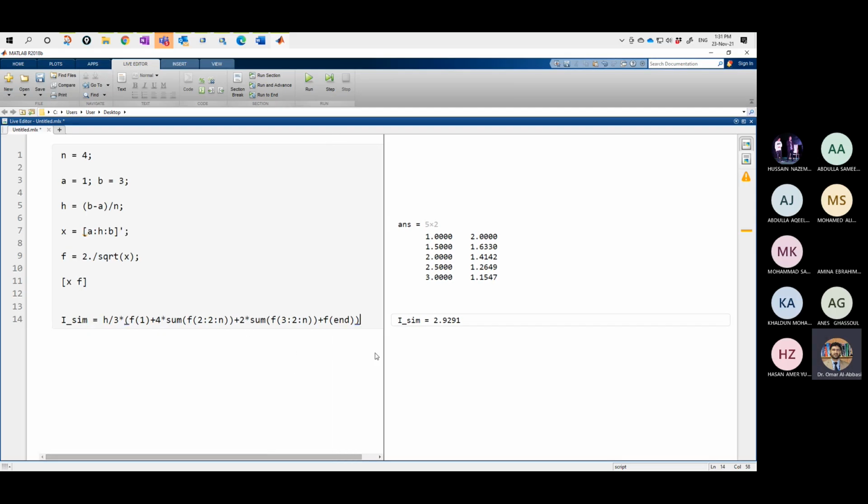Do you recall how we did that for the trapezoidal rule? It was h over 2, and then f1 over 2 times, we opened the bracket: f1 plus f of n plus 1, and in between what we have.